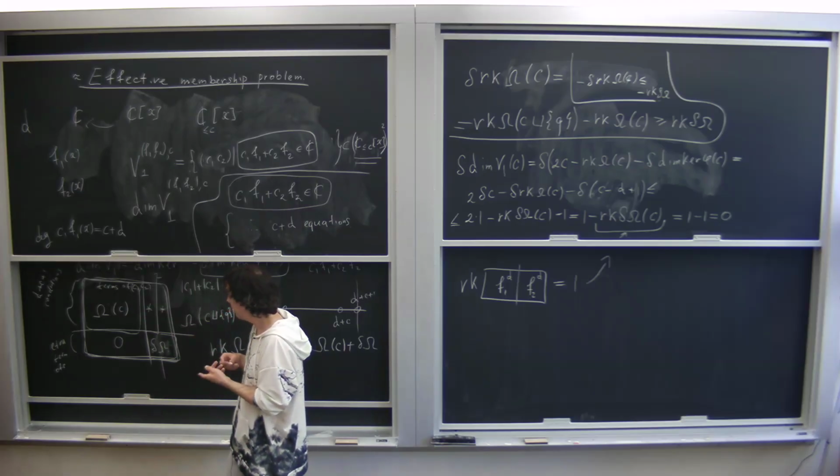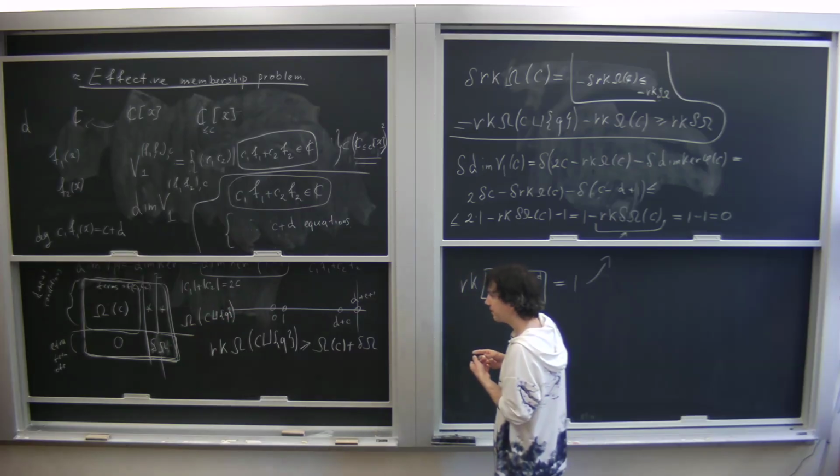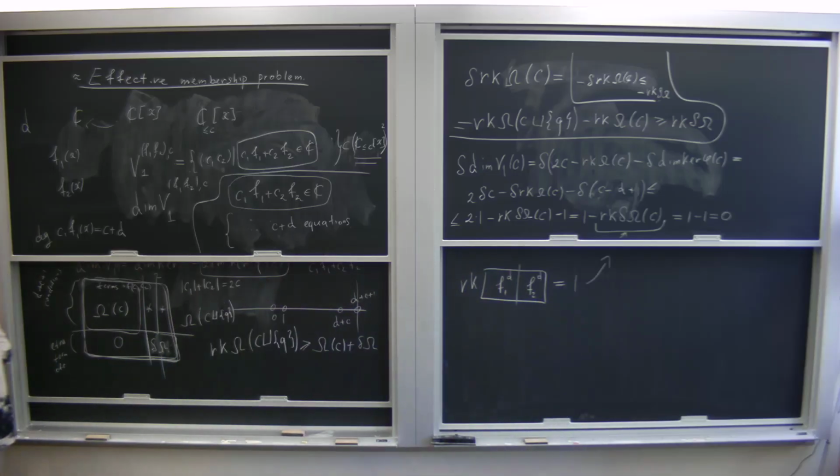Where did we have doubts about our calculations? Nowhere actually, except this place where we were frightened of not having enough terms in C, because C here is represented as a product of F and something.